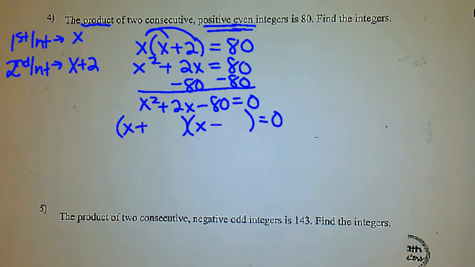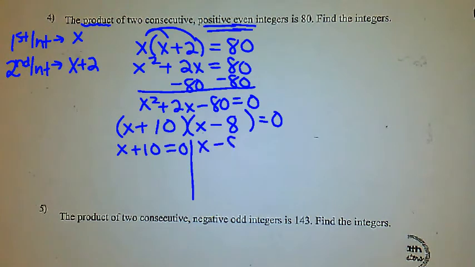One positive, one negative, and let's see, we're going to do 10 and 8. So set them both equal to 0.